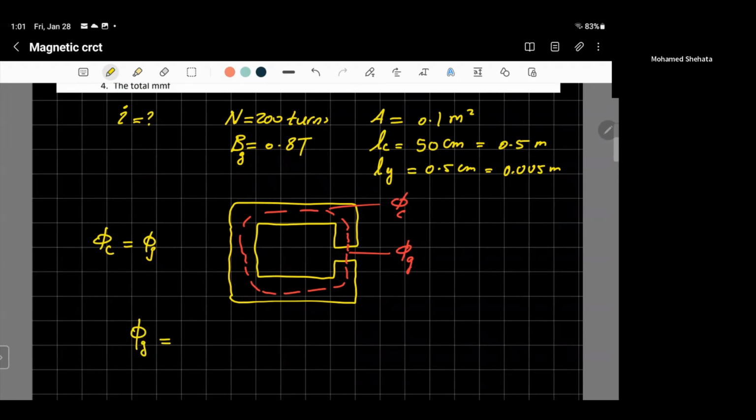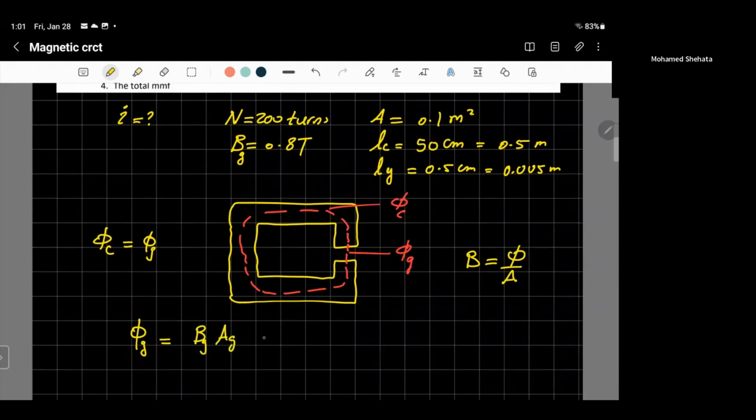What is the relationship between flux and density? What's the difference between B and phi? What is B? The density is equal to flux divided by area. So B is equal to phi over area, and phi will be equal to B times area.